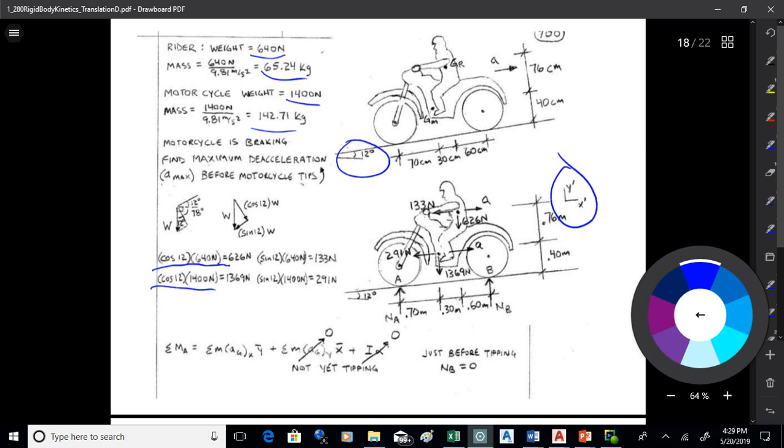Cosine 12 of 640 and cosine 12 of 1400, and sine 12 of 640 and sine 12 of 1400. That's the weights of the motorcycle rider and the motorcycle. And we get those all lined out here on their centers of gravity, okay? So I got those weights squared up to the incline there, the 12-degree incline.